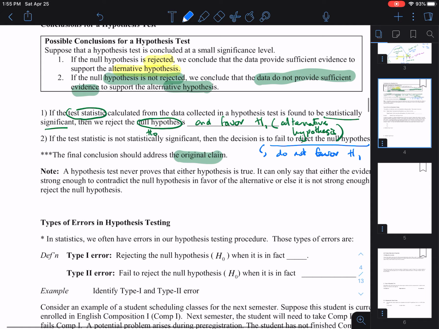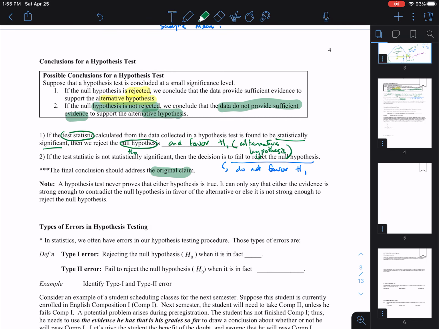There's a note here. It says that a hypothesis test never proves that either hypothesis is true. Notice that we can't really prove anything is true. It's just a simple random sample selected from the population. It doesn't prove anything, but we use that as our basis to make a decision. It can only say that either the evidence is strong enough to contradict the null hypothesis and favor the alternative, or else it's not strong enough to reject the null hypothesis.